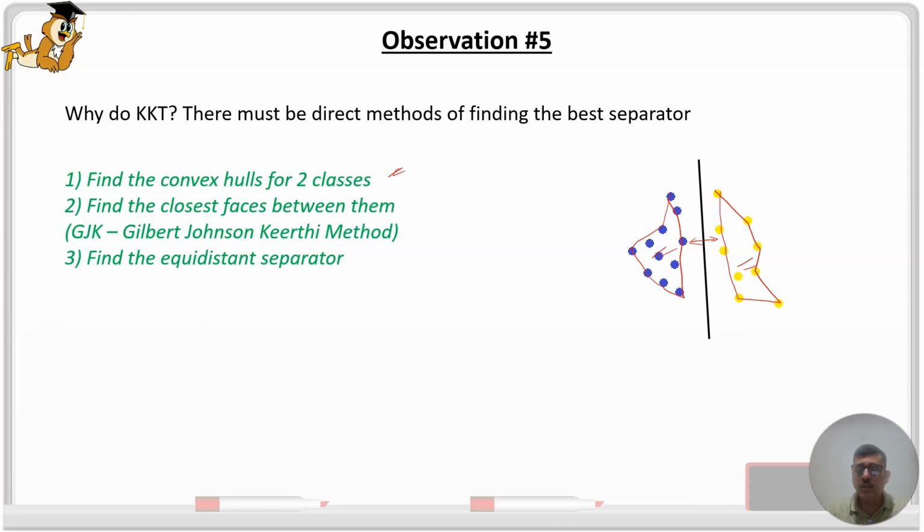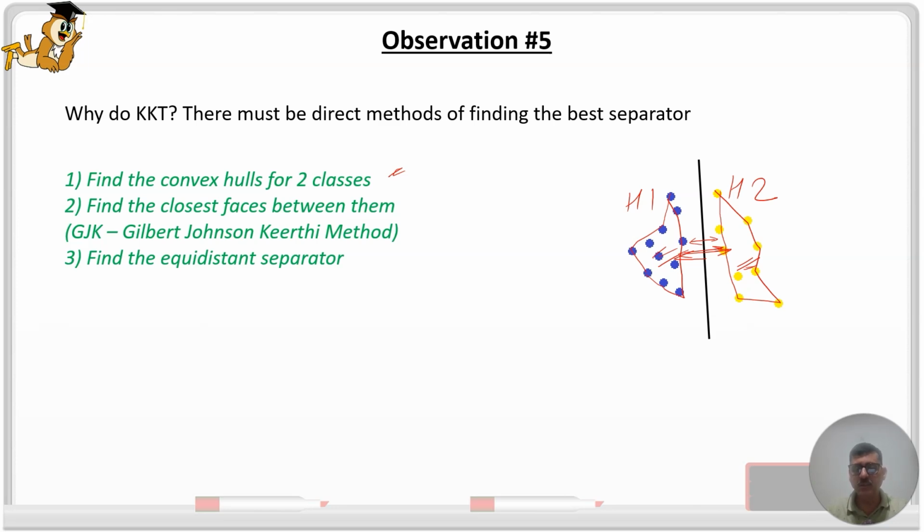There actually exist numerical methods to find the closest faces between these two convex hulls. So this is hull number 1, this is hull number 2, and there are actual numerical methods that allow you to find the closest faces of these two convex hulls.